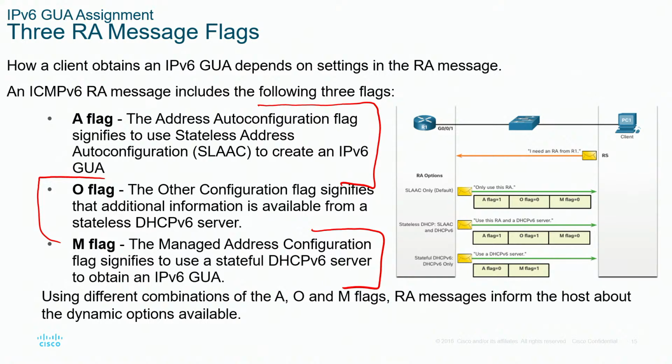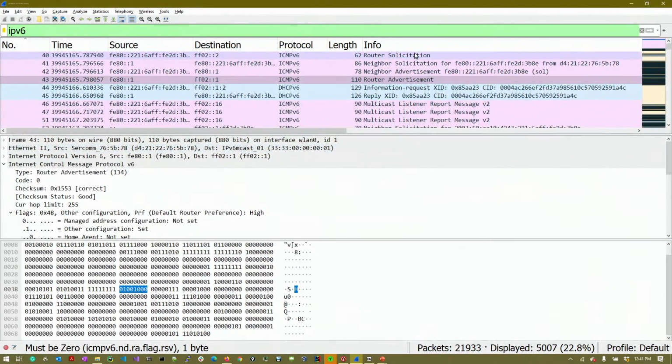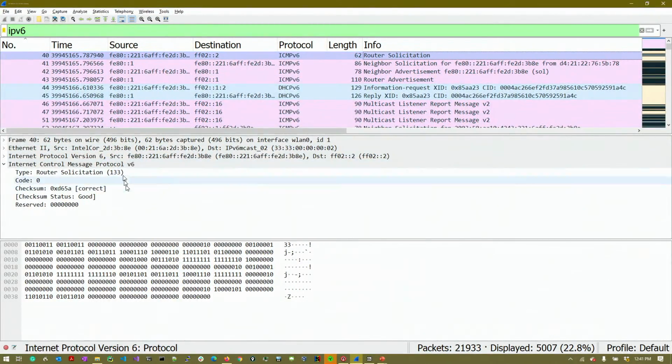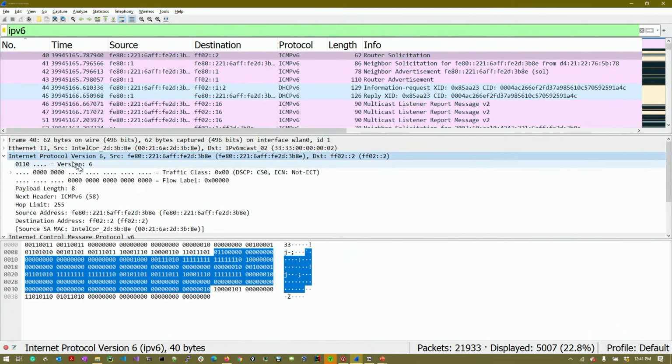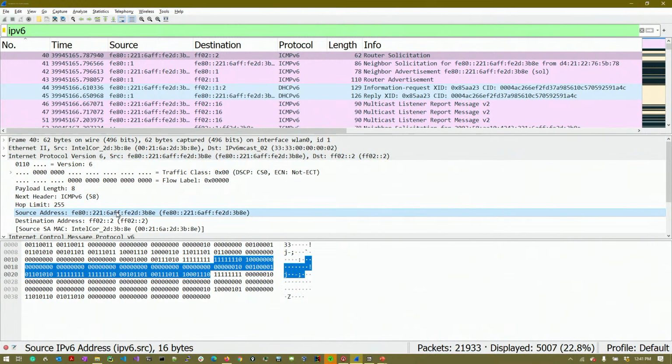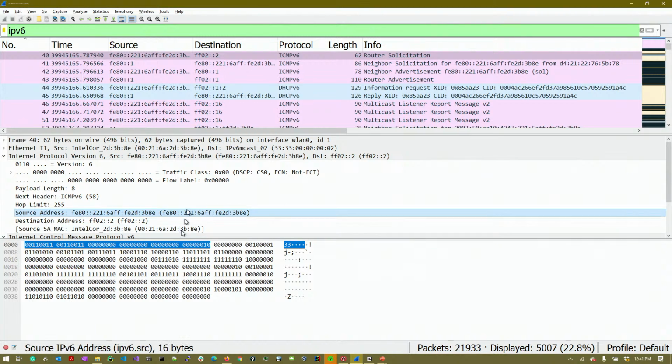And as those things go down, your client is sitting here, and maybe your client produces a router solicitation message via ICMPv6, like this packet, which just says, hey, I'm a router solicitation. I would like to know about the network. My current address here is this FE80 address, so my local address.